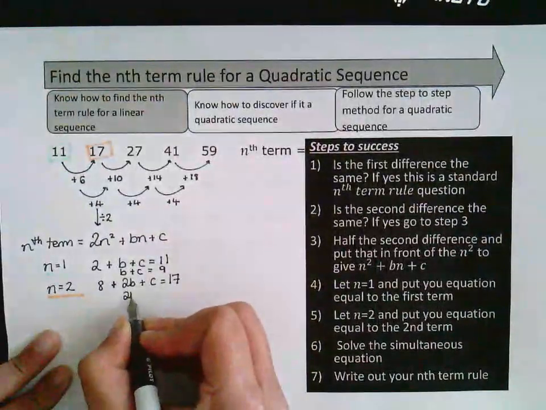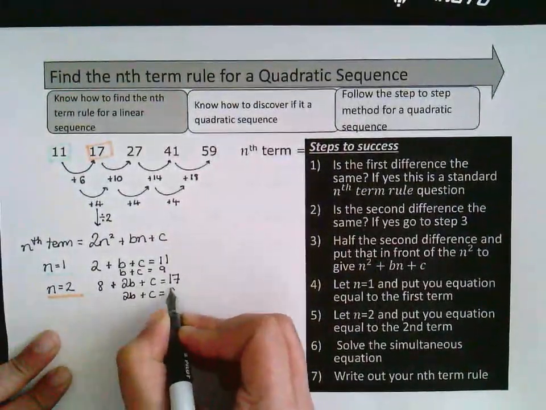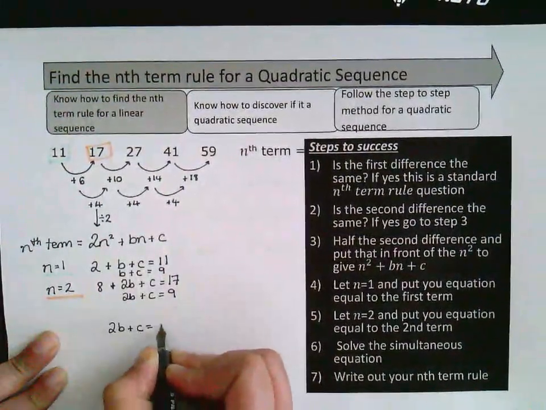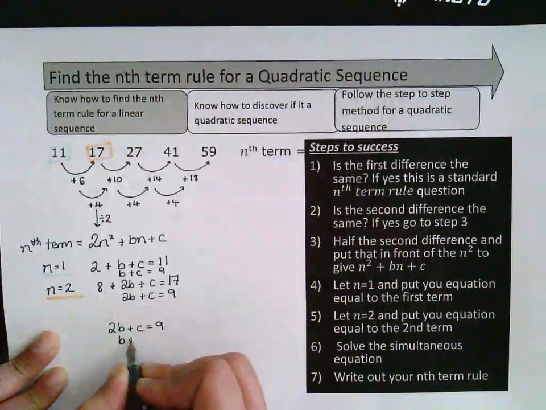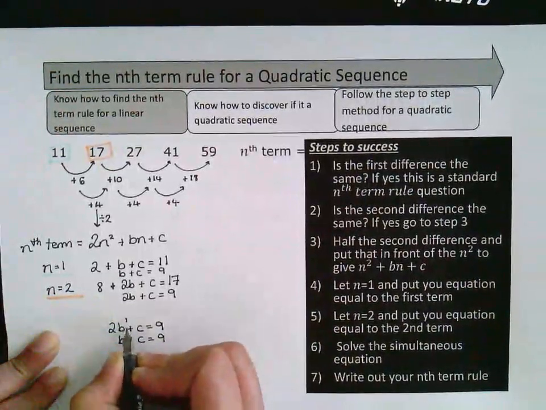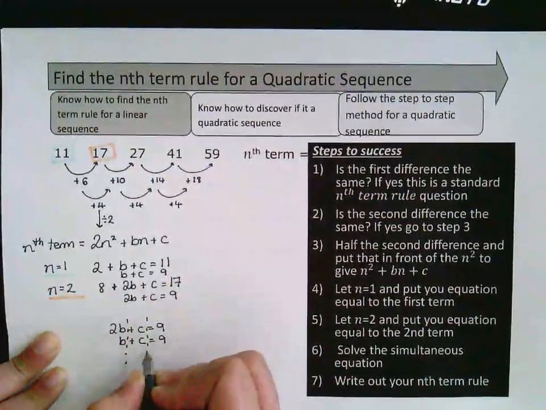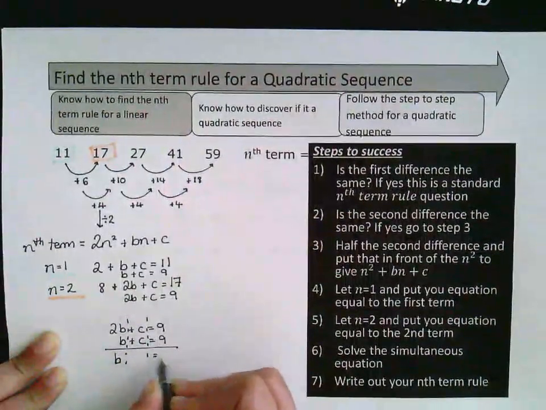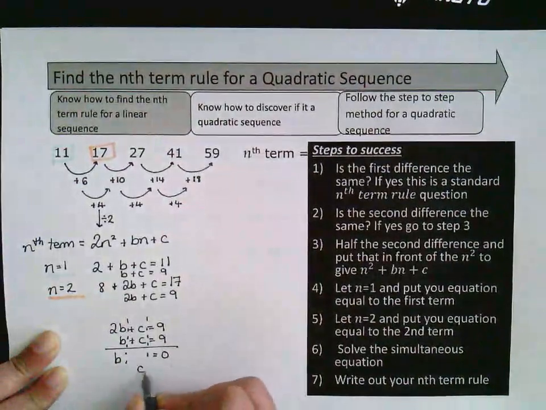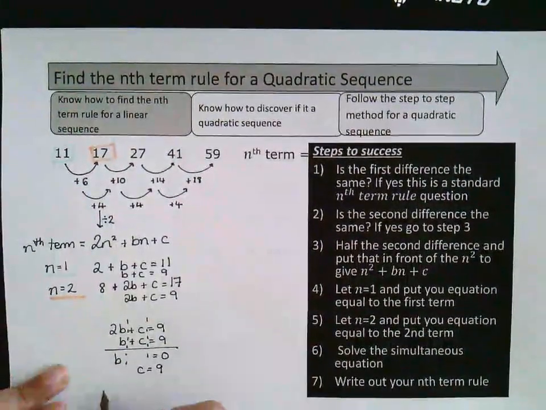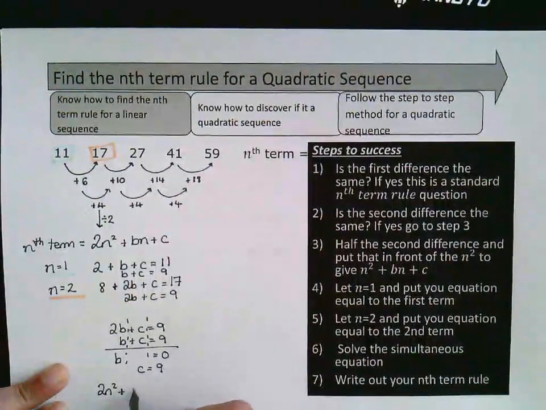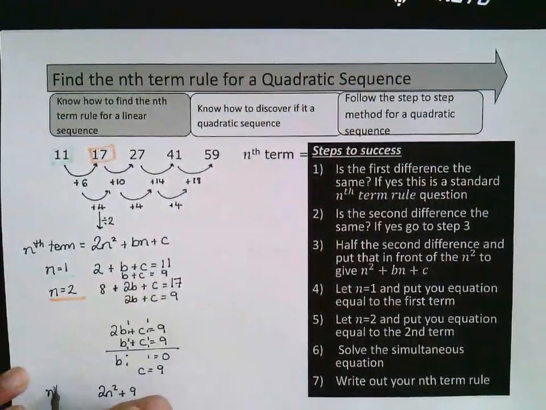And in this case, 2b plus c is also 9. Let's solve the simultaneous equation. So b is 0, c is 9, so we have 2n squared plus 9 is our nth term rule.